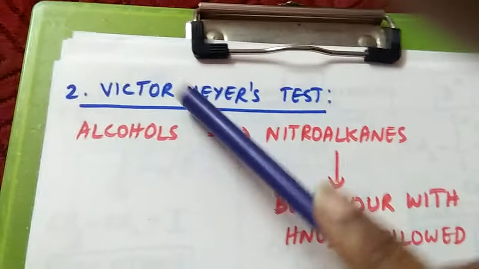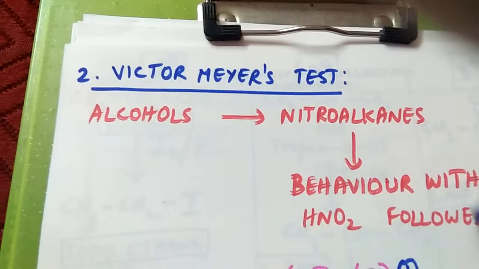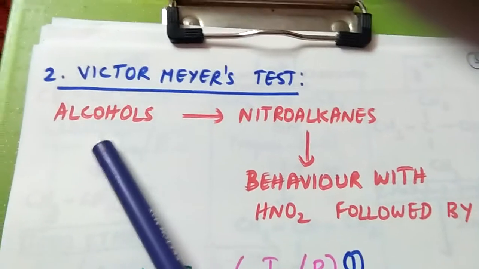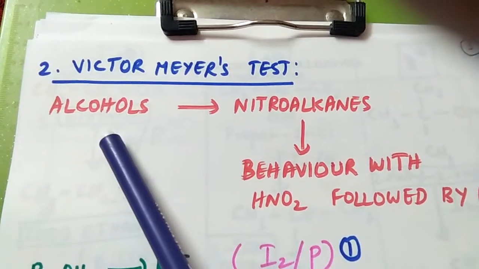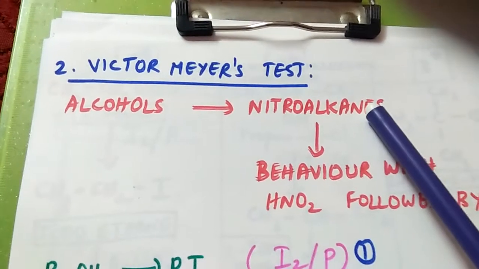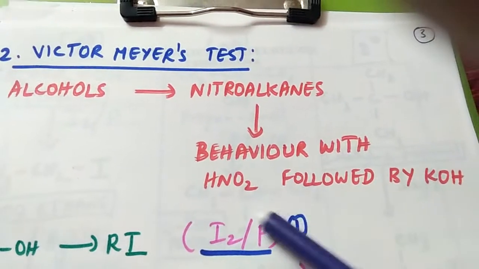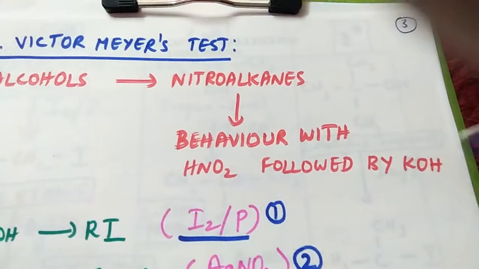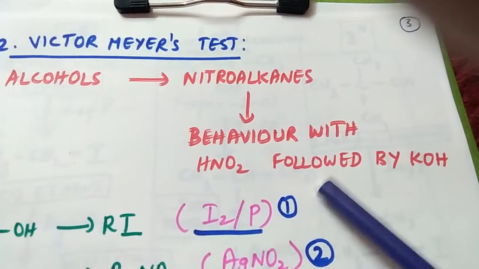The next method is Victor Meyer's method. In this method, as I already told you, a series of reagents are used. The alcohol is converted to nitroalkane with suitable reagents, and the behavior of the nitroalkane with nitrous acid followed by potassium hydroxide is observed.